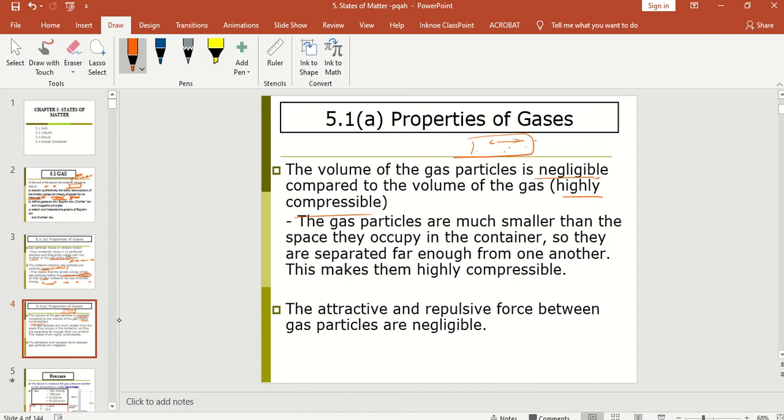We can compress, and we assume that no matter how much we compress, the volume of gas does not exist. Kita just take the volume of the container. The gas particles are much smaller than the space they occupy, so they are separated far enough. This makes them highly compressible. The attractive and repulsive forces between gas particles are negligible. Kita anggap no attractive and repulsive force between gas particles.